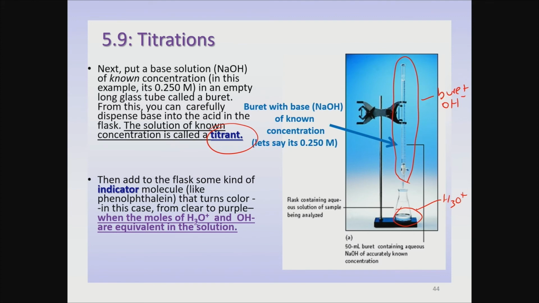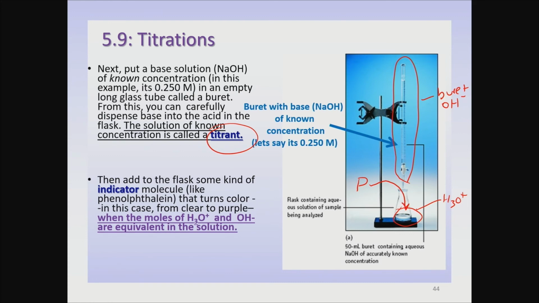Now, another thing you have to do to carry out this titration is add an indicator dye into this flask of acid. The indicator dye we're going to add is a particular kind called phenolphthalein, and I'm just going to write P here for phenolphthalein. We have to add this indicator dye to the acid solution before we start adding base.